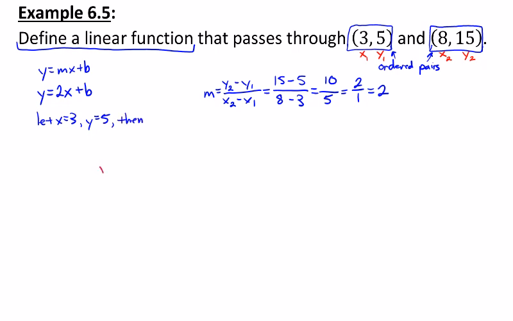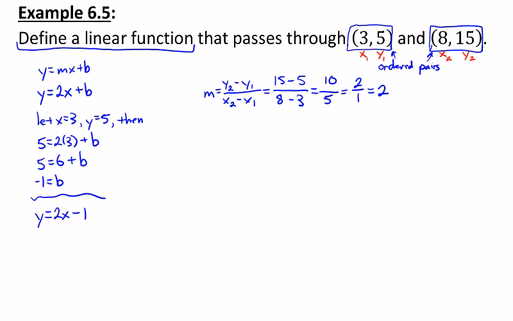Then my equation says 5 equals 2 times 3 plus b. So 5 is equal to 6 plus b. Therefore negative 1 is equal to b. So now I can write my equation as y equals 2x minus 1. I keep the same slope, and then I put in the new value for b, and that's the equation.